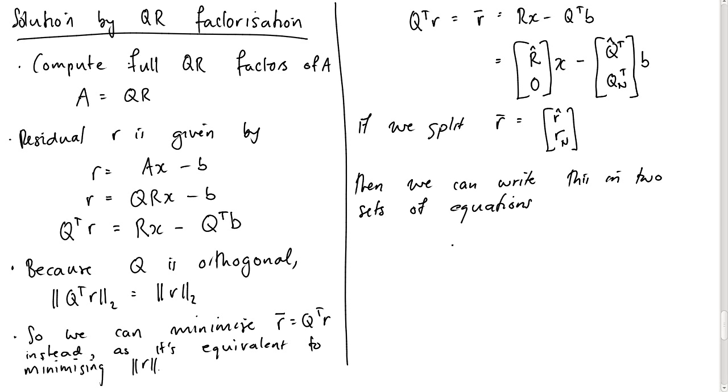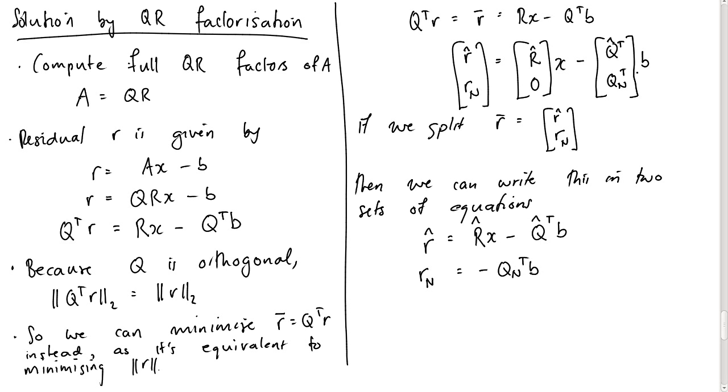Okay, and what are these equations? Well, looking at the top set, we get r hat equals capital R hat x minus Q hat transpose b, and we get rn equals negative Qn transpose times b.